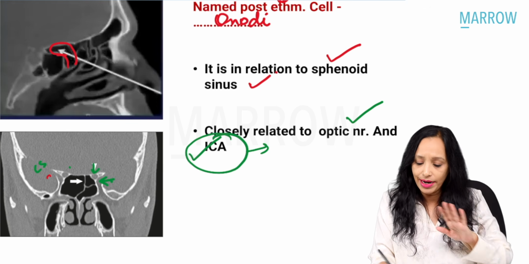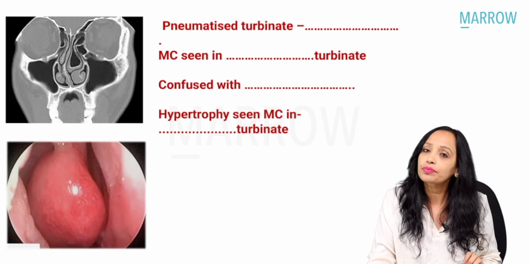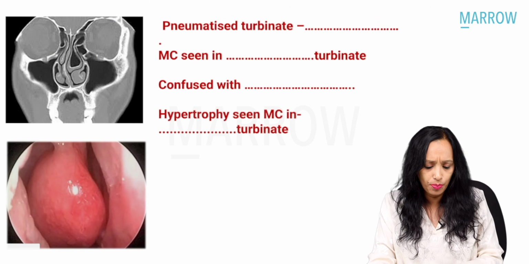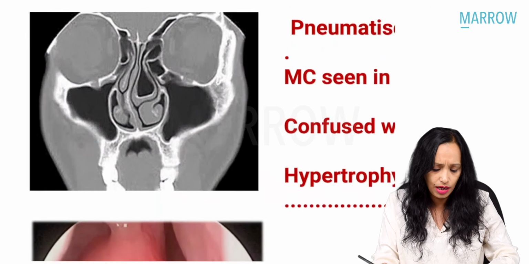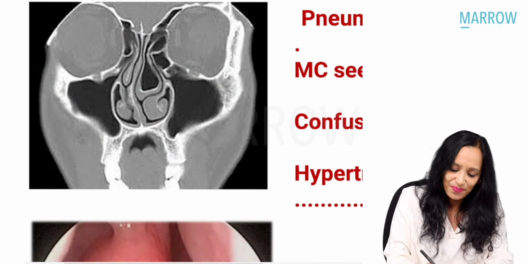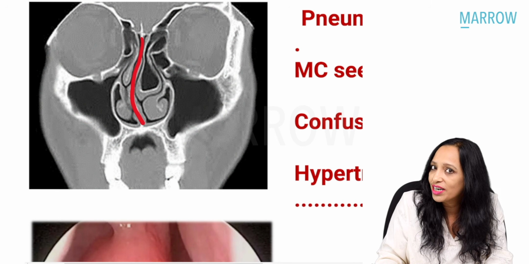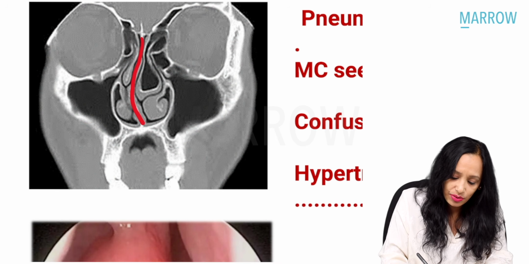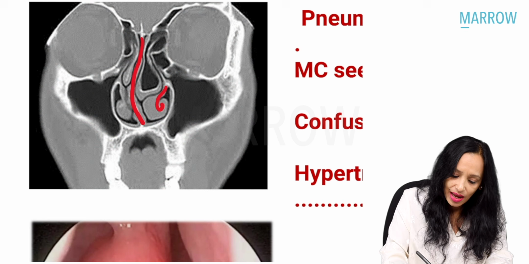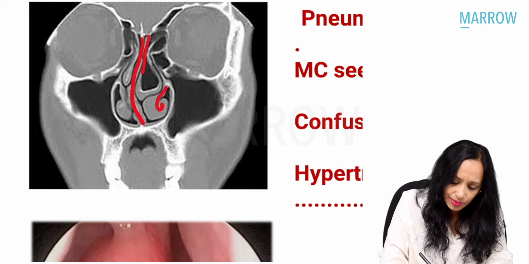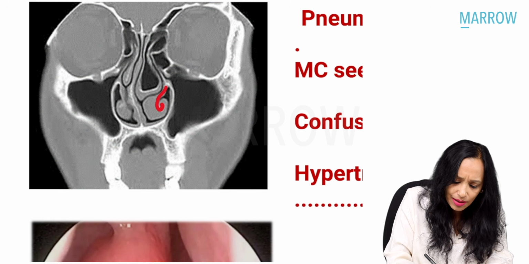So now can we identify all these cells? Okay, now let us see what more we need to know on the CT. Yes, tell me, this is the septum. Is this patient having a DNS? Yes. Now this is the inferior turbinate, and we are seeing the middle turbinate. Normally the middle turbinate is supposed to be like this.